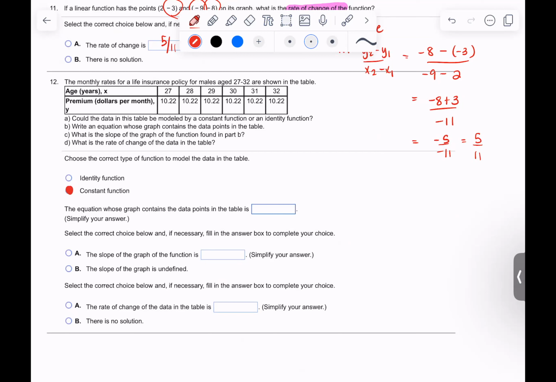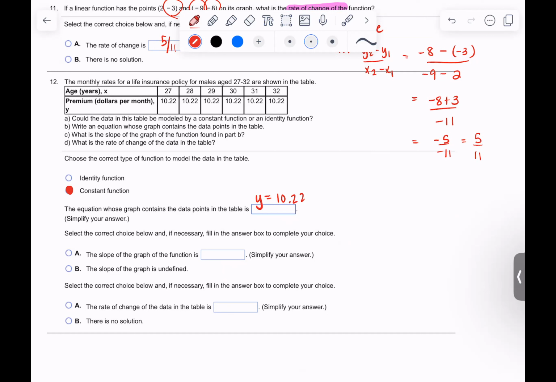The equation whose graph contains the data points in the table is, if it is a horizontal line, a constant function, it has the equation y is equal to a constant. So what is y equal to? Y is equal to 10.22. So the equation of that linear function that models that data is y equals 10.22. What else does it ask me?